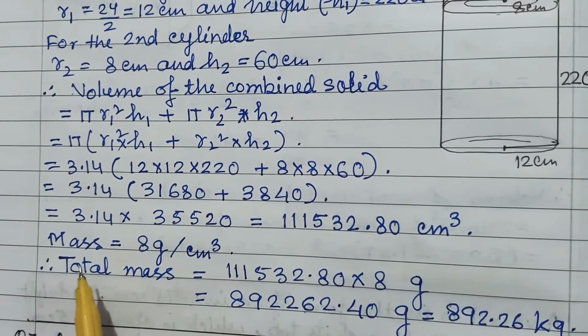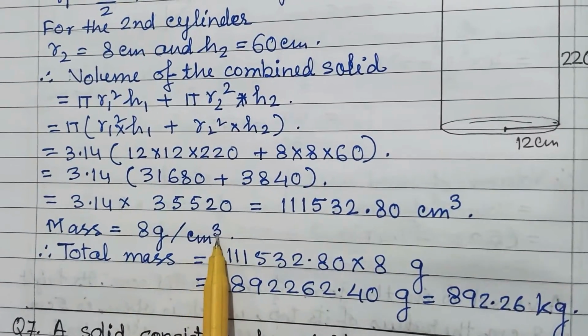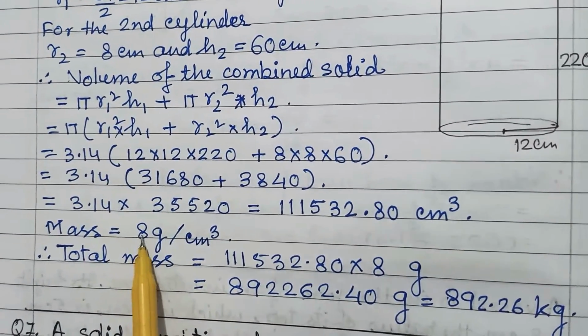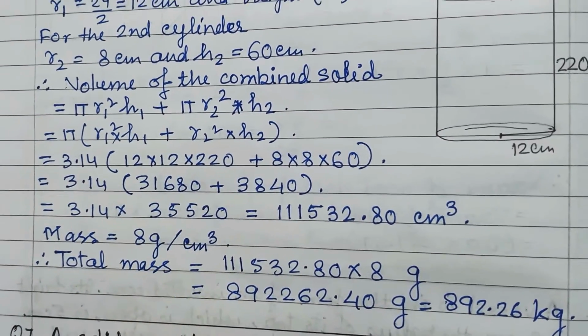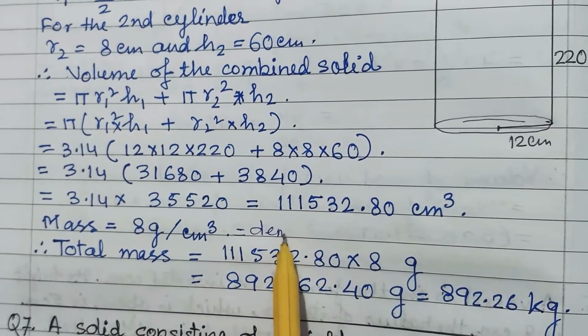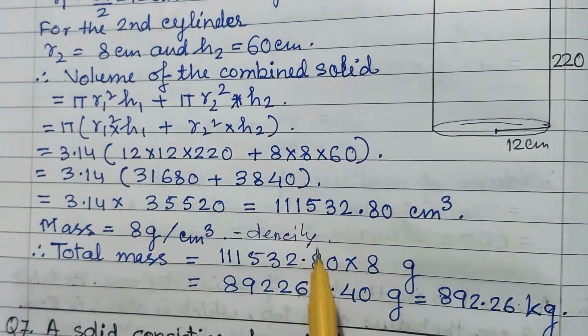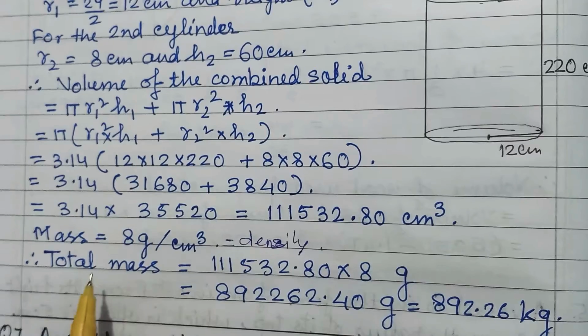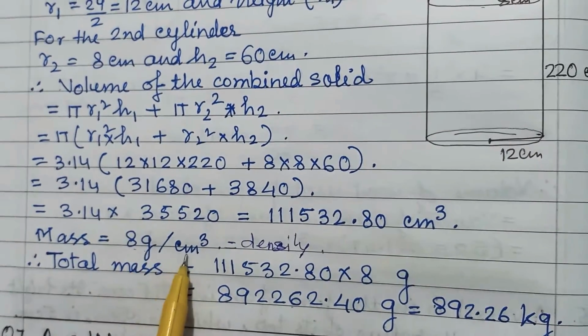Now the mass of 1 centimeter cube is equal to 8 gram. That means it is the density. So density is equal to 8 gram per centimeter cube.